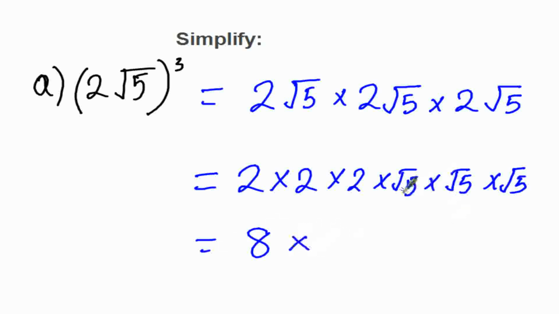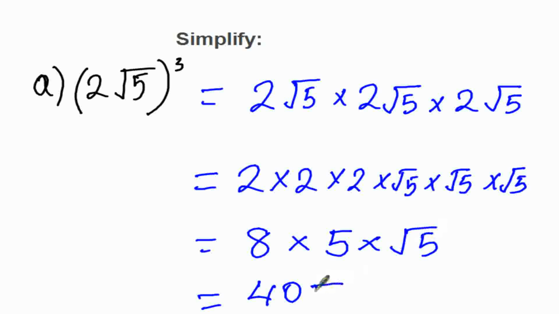Then root 5 times root 5 is 5. Then times root 5. So this will give us 8 times 5, which is 40 root 5. So that becomes our answer to our question.